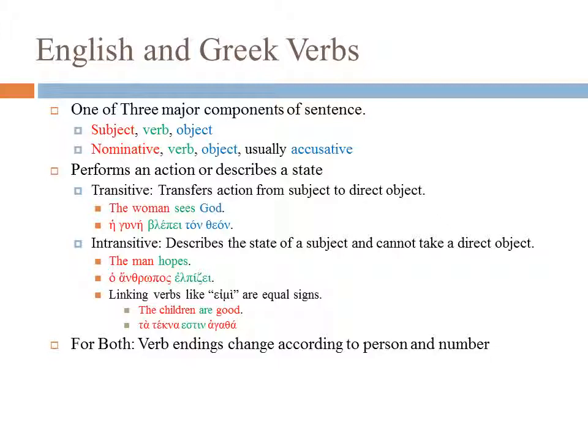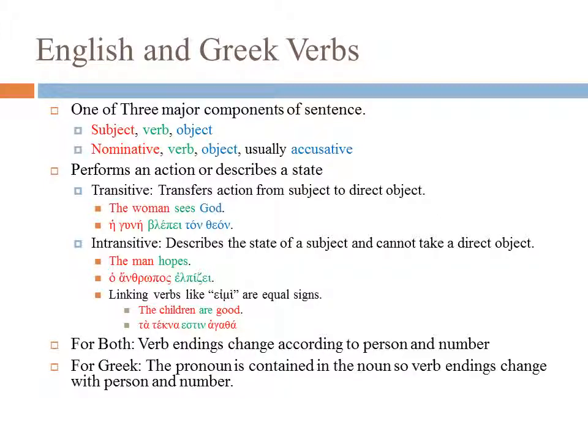For both Greek and English, verb endings can change according to person and number. I do, she does. Now, the changes are not spectacular in English, but they are consistent throughout Greek. For Greek, the pronoun is contained in the verb.